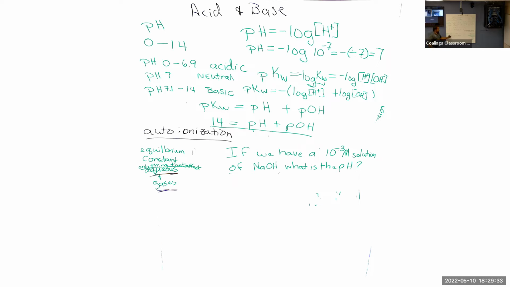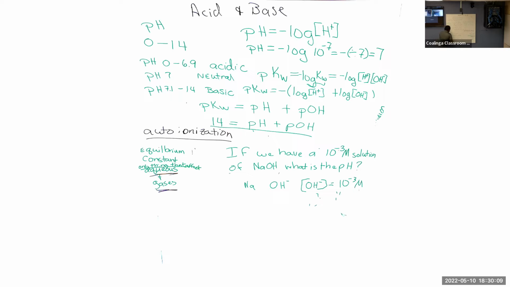In this case, we have sodium hydroxide, which ionizes into the sodium ion and the hydroxide ion. We know that it's going to be in equal parts because it's 1 to 1, right? So we want to calculate the concentration of OH. Our concentration of OH is equal to 10 to the minus 3 molar.